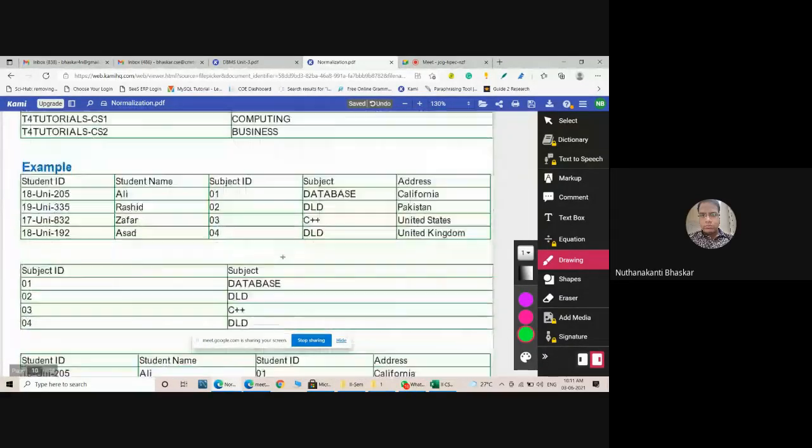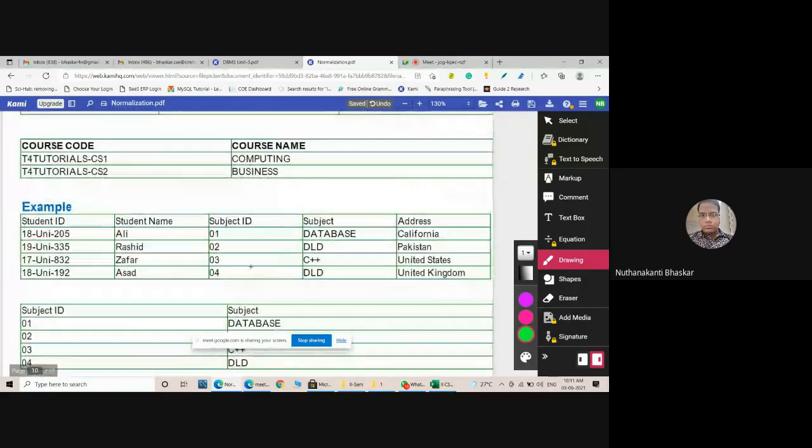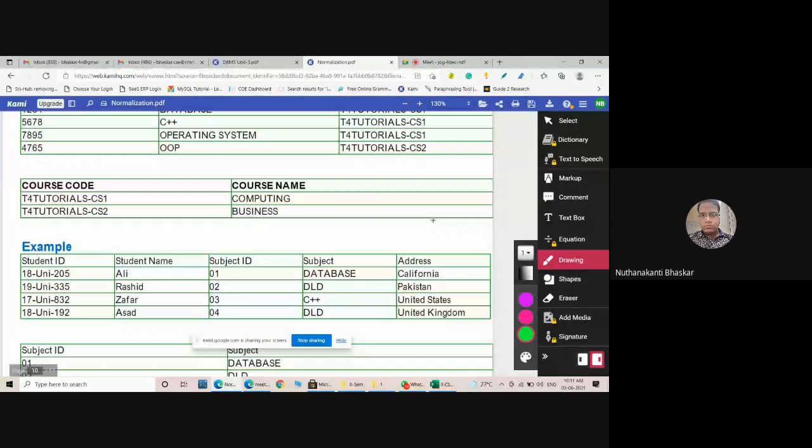Now coming to another example. Student ID, student name, subject ID, subject and address. Tell me the functional dependency. Student name depending on student ID. Exactly.